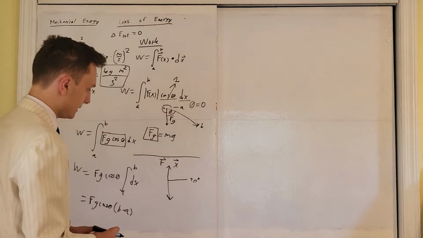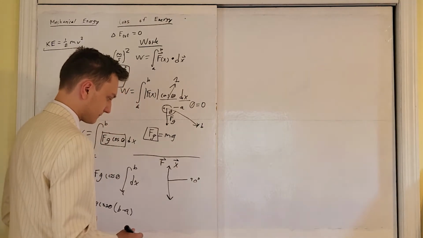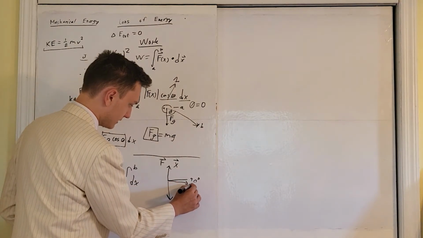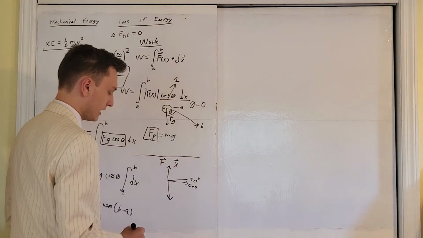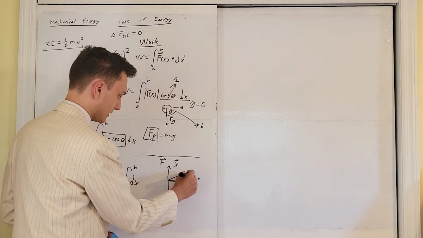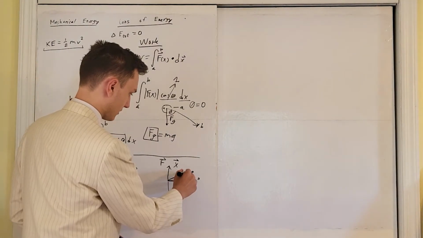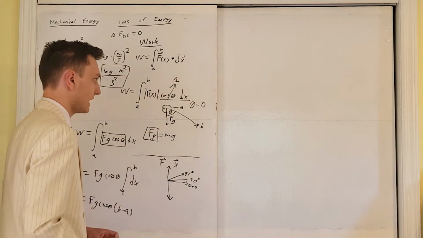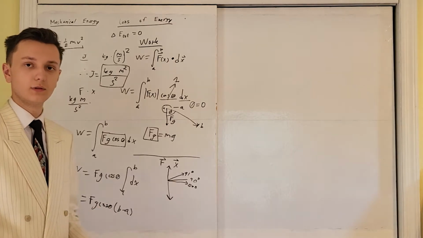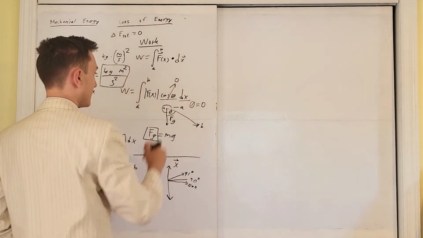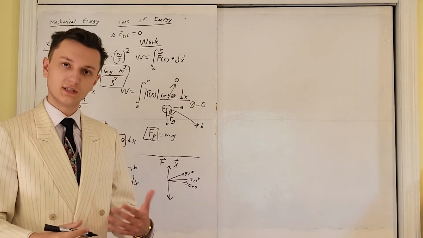So work is being done on the system when our angle theta here is 89 degrees. And work is being done by the system when our angle theta is 91 degrees. Okay? So what happens at particularly 90 degrees? Well, cosine of 90 degrees is 0. So if we plug that into our integral, we get the integral of 0, which is 0.